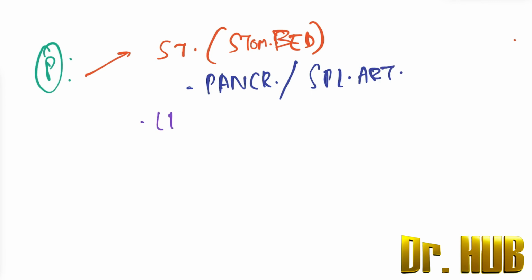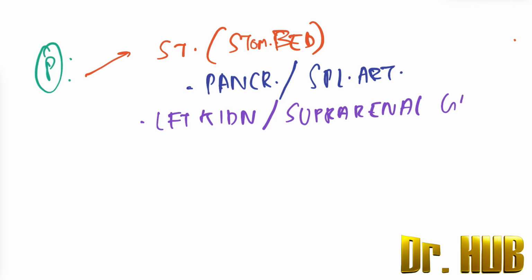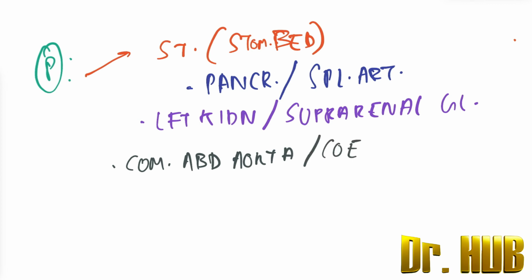Next, there is also the left kidney, and also the suprarenal gland. Then comes the commencement of the abdominal aorta, as well as the celiac artery.